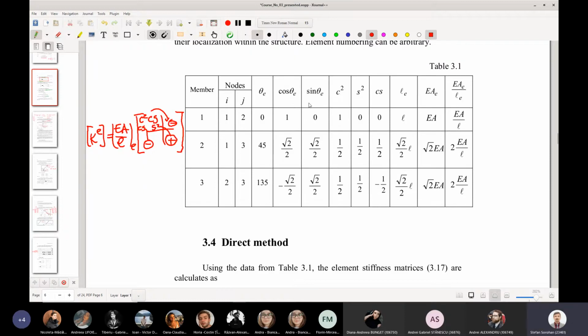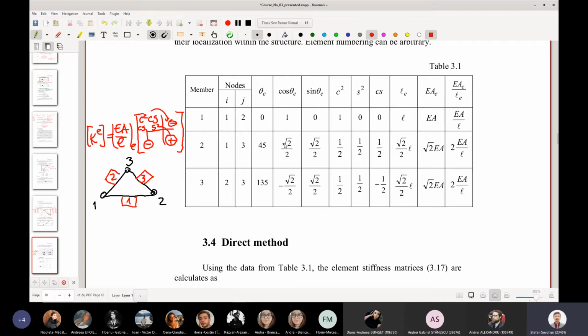According to our particular problem, I will define again here: this is node number 1, node number 2, node number 3, and this is element number 1, element number 2, element number 3. Element number 1, or member 1, is between nodes 1 and 2. Element number 2 is between 1 and 3, and so on, right? The theta is 0 for the first one, 45, and 135.